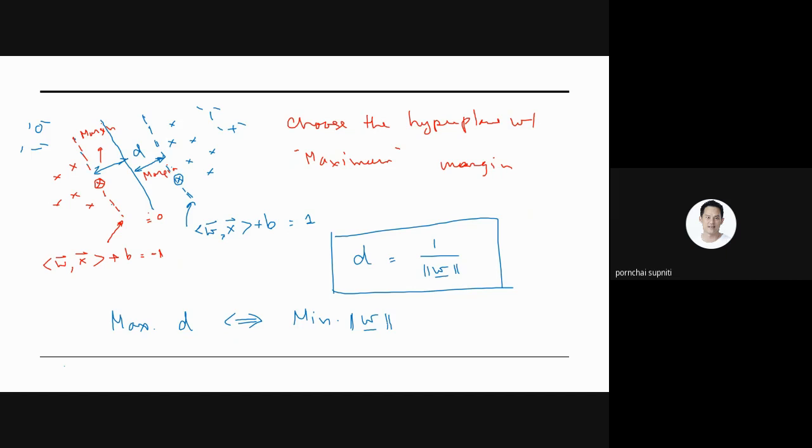Okay, let's continue. We'll have some examples a little bit after. So basically, in order to build such a model, we want to minimize the size of W. But in practice, instead of minimizing the size of W, we will minimize the size of W squared, just because it is simpler and easier in terms of mathematics.